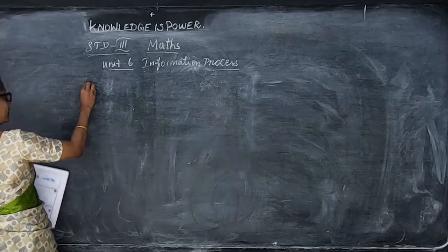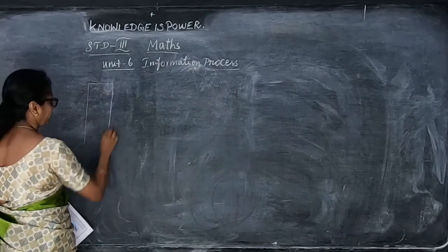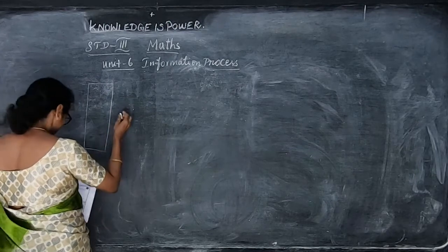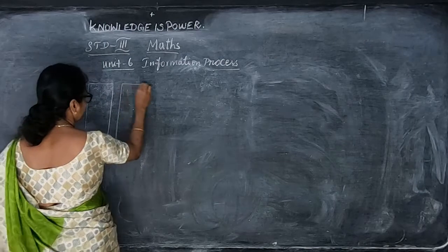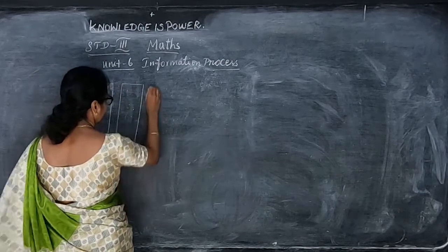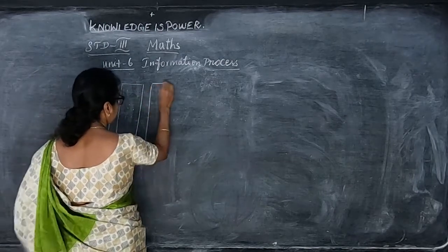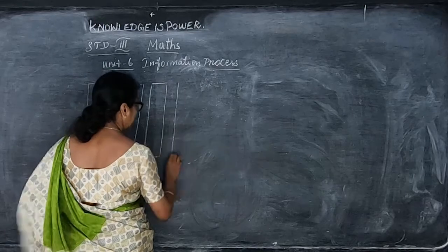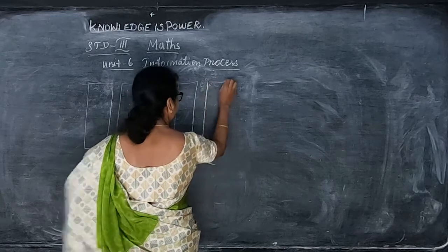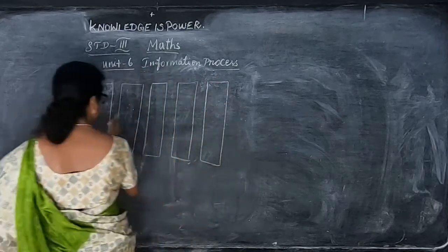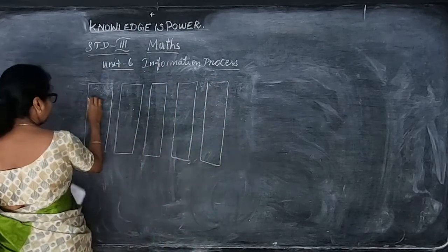They have given 5 grids in different colors. The first one is done for you, and the second one you have to do by yourself. In this 5-grid, the parts are split.